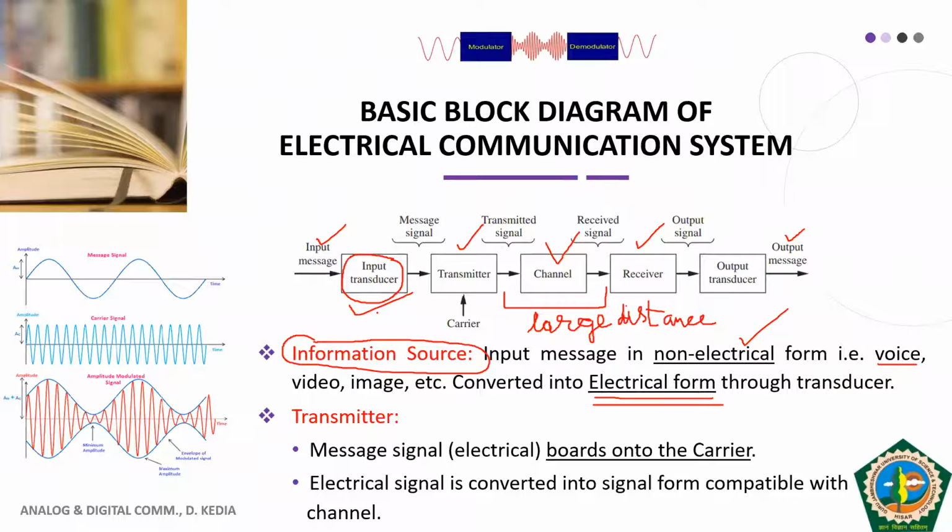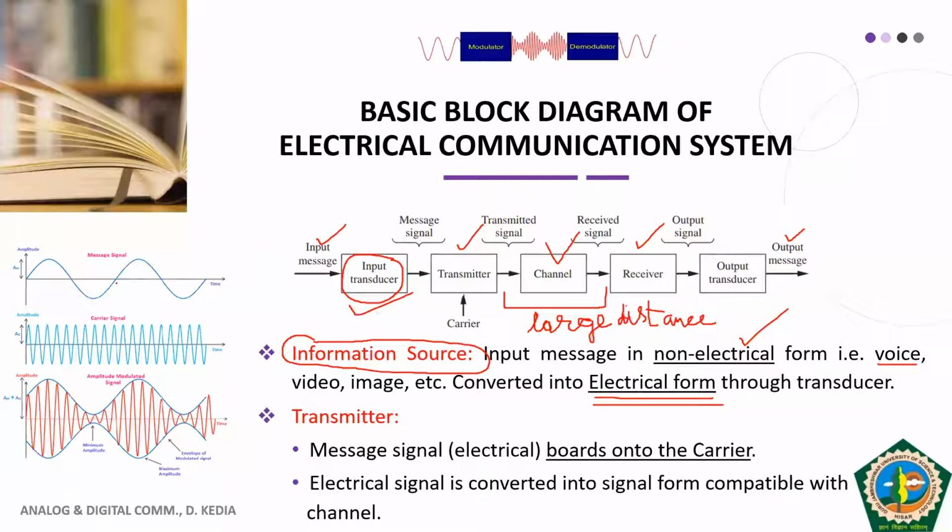This is a general term that you will understand in detail in a separate subject, maybe next semester or maybe in the present semester as well. A transducer converts your signal from non-electrical to electrical, and the other way around also. It may convert from electrical to non-electrical, which we may call a reverse transducer.